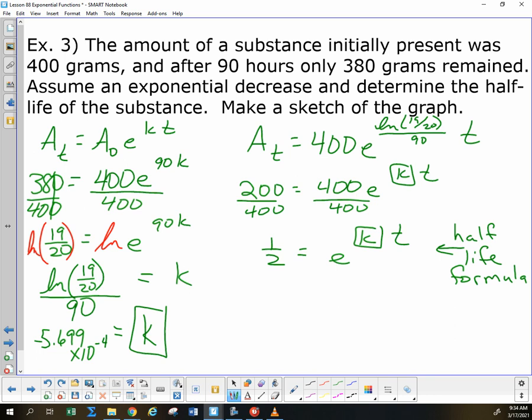So if you think of starting out with 100% and then having 50%, or 1 and then having a half is 1 e to the kt, if you're just getting the half-life. So then we need to get t, so we're going to take the natural log of both sides, and then we are going to divide both sides of that by k. So to get t, we're going to take the natural log of a half and divide that by our k.